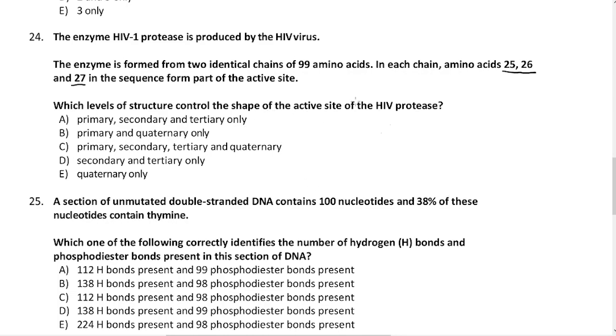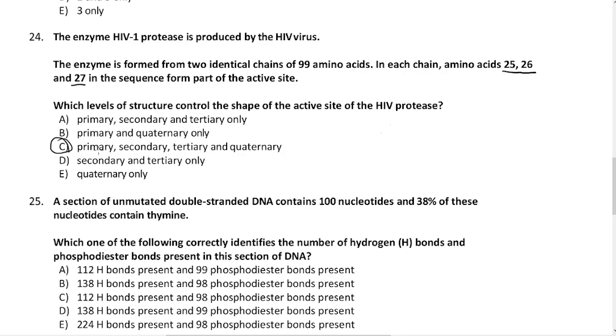Okay, so we have HIV protease, and which level of structure controls the shape of the active site? Okay, so the answer is letter C, because every level of structure actually controls something.